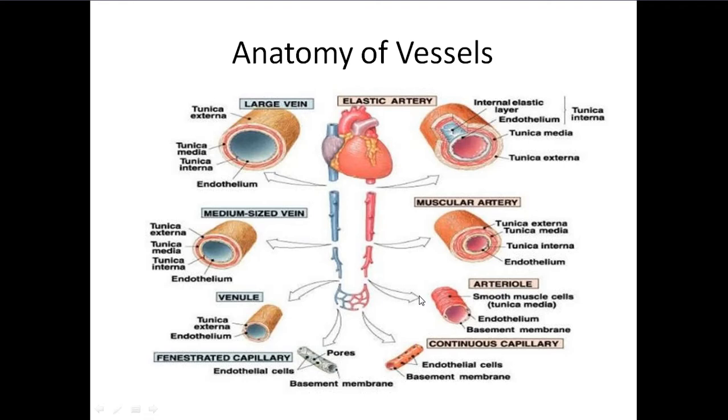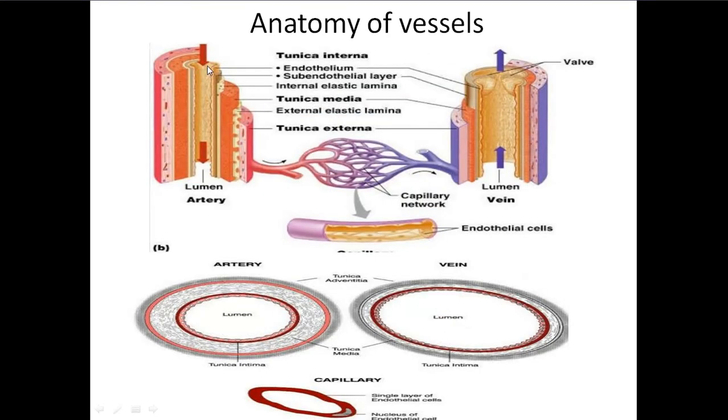Here you can see again, on the left side, there is an artery. You can see the endothelium, the innermost layer, followed by the subendothelial layer. This is the internal elastic lamina and the external elastic lamina, which are present on either side of the tunica media. This is very important because the arteries can stretch when there is increased pressure, whereas the veins cannot.